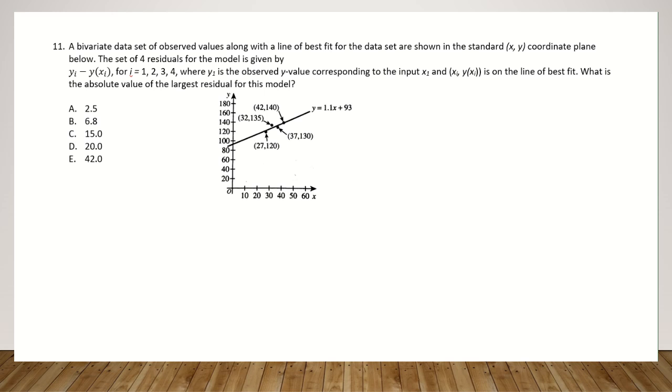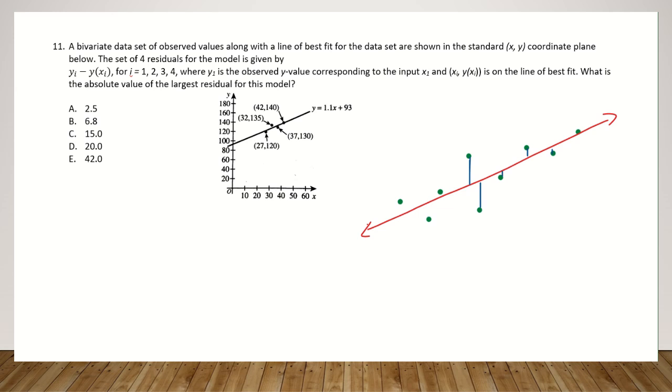Don't be scared by this problem, okay? So let's make a little picture for you here. If you have data points and you create a line of best fit to go through them, like this, the residual is the difference vertically, the distance vertically from any given point and that line of best fit, right?